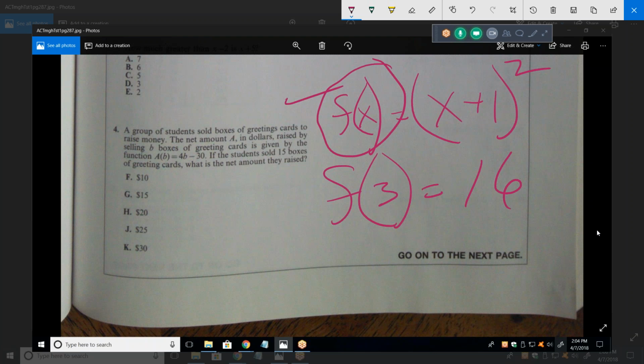It also tells you that if you want to calculate f of whatever number you want, you plug in that number for x. So you get 3 plus 1 squared. Okay? So this problem is no different.